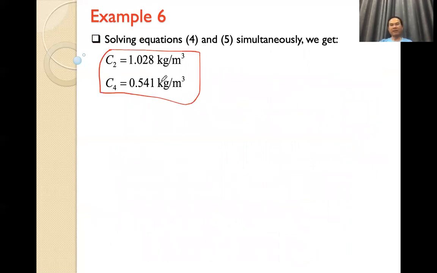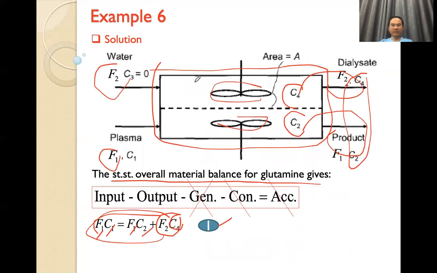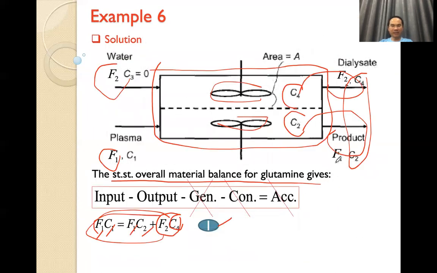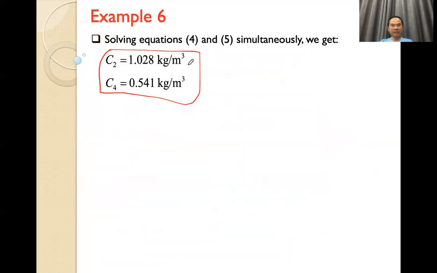C2 is equal to 1.028 kilogram per cubic meter. C4 is 0.541. Look at this. C1 is 2 kilogram per cubic meter, and then you get C2 as 1.025 kilogram per cubic meter.